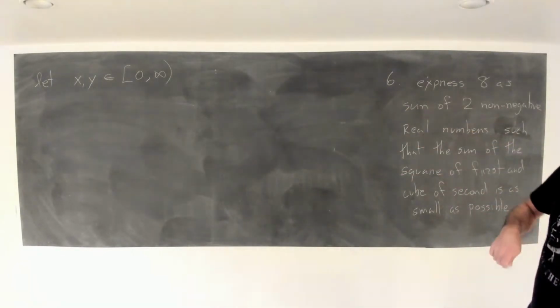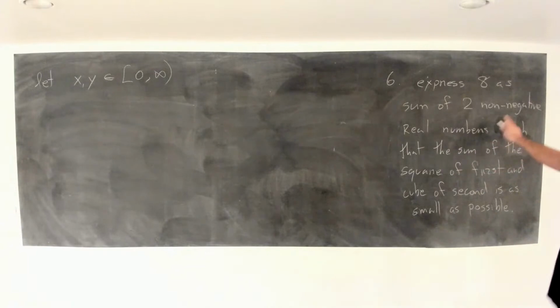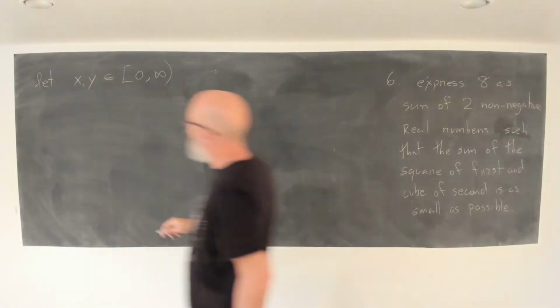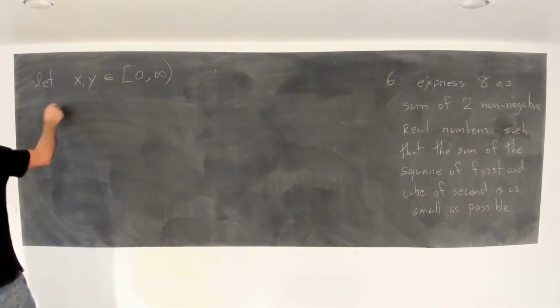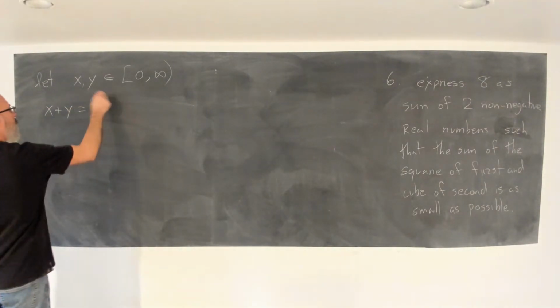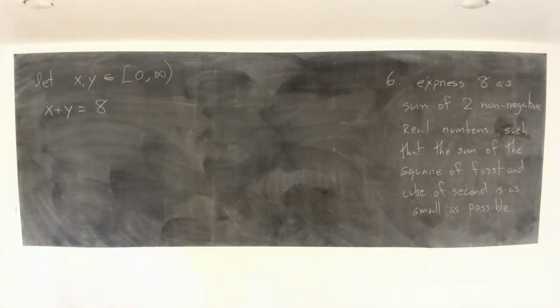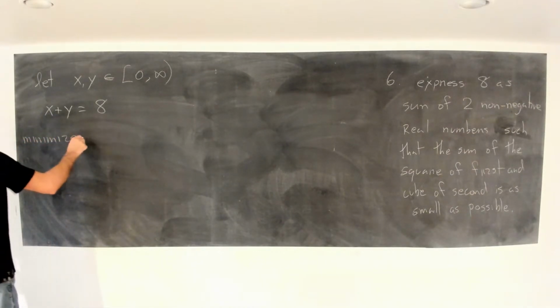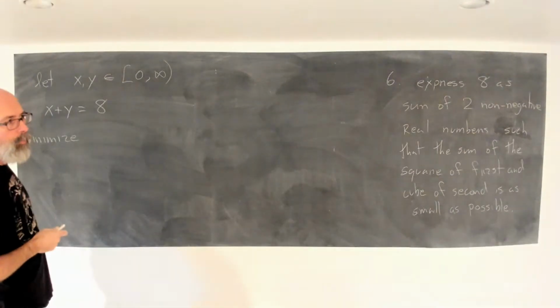So we're going to let x and y be non-negative real numbers, and we want 8 to be the sum. And what do we want to do? We want to minimize, what do I want to call that?